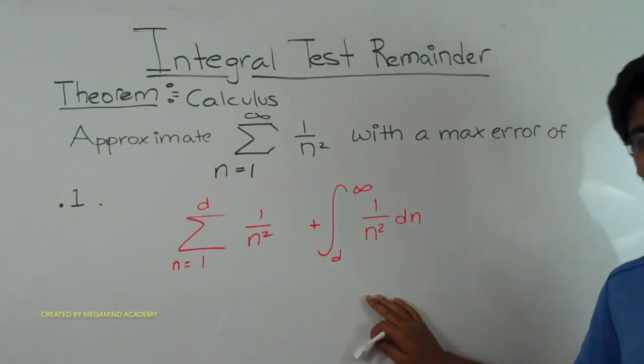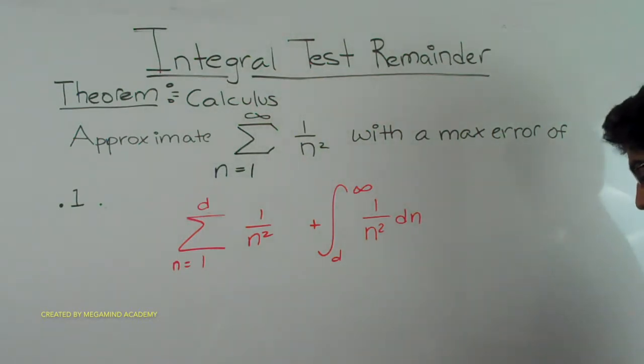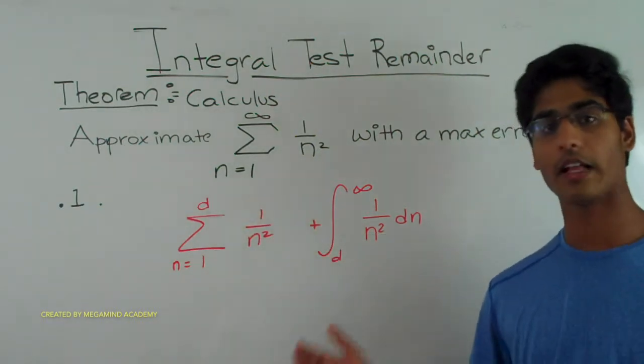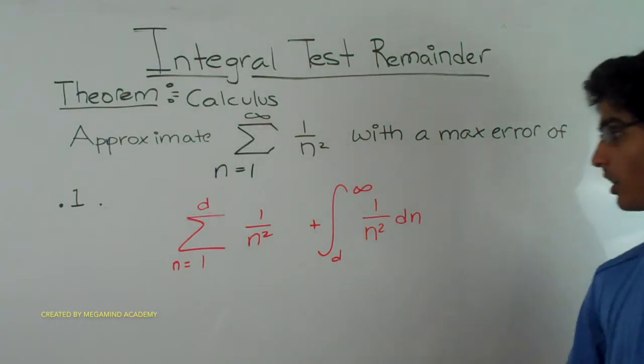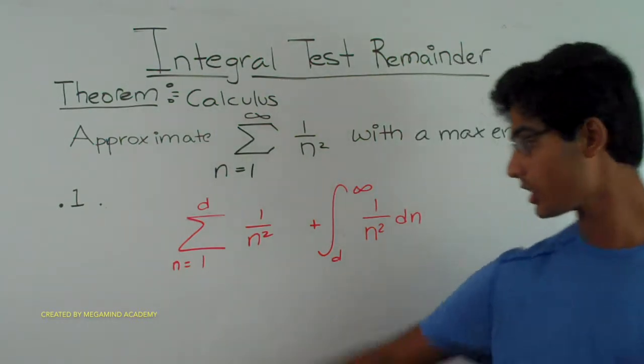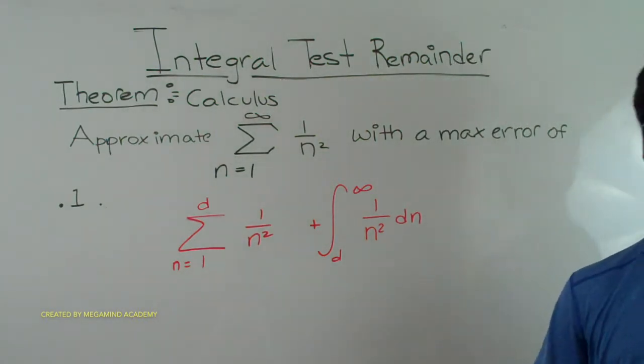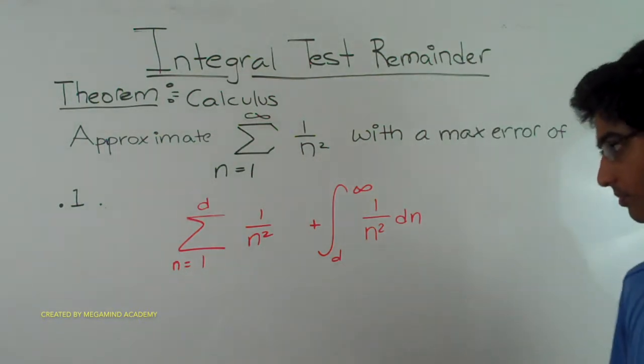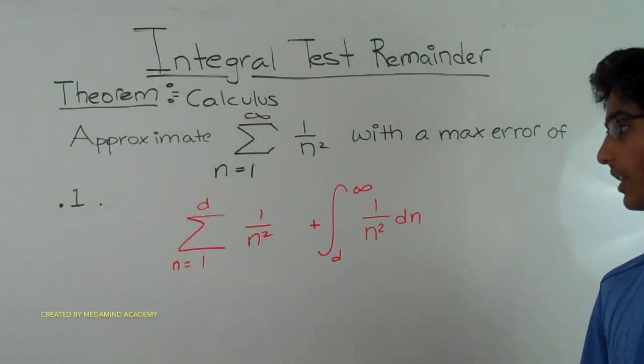This is how we find our approximation. But the thing is, this doesn't help us find the approximation, because you need to figure out what value d is. But how do we figure out what value d is? Once we figure out the value of d, we can just plug it into this equation, and that'll give us our approximation. But the step that we're missing is finding out the value of d.